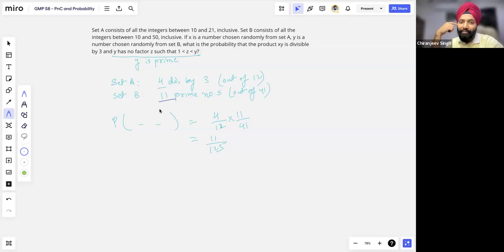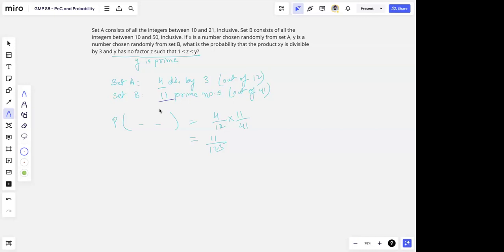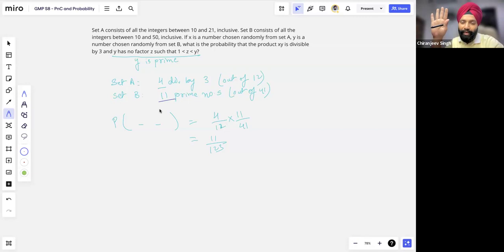I need to select a prime number, but Y is a set of only prime numbers, because we have been told that Y has no other factors. It's the same as the condition that Y is prime.